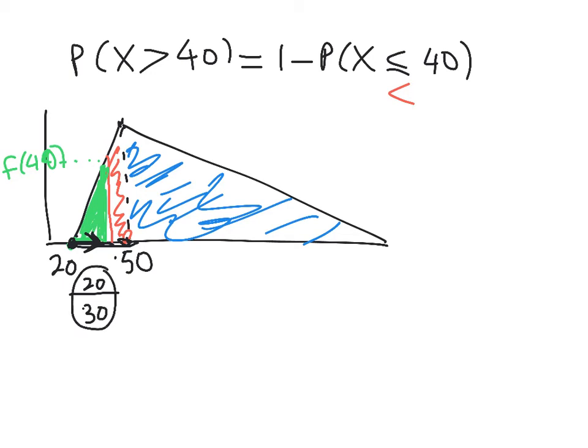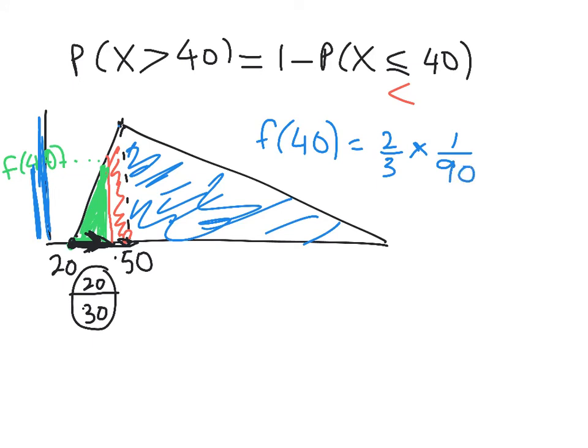So we've gone 2/3 of the way along towards 50. Because the green triangle is similar to the big triangle, we know that f of 40 is going to be 2/3 of the way up to the peak height. So it's going to be 2/3 of 1/90th. Right? So that's the similar triangle way to find the height.